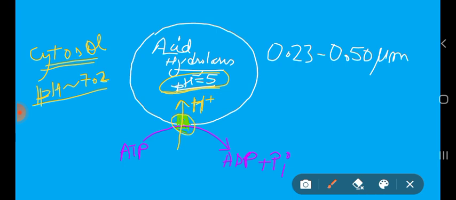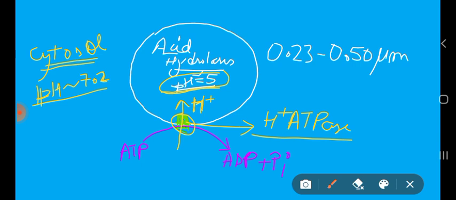The proton pumps are also called H plus ATPase pumps, found within the membrane. So in this way they maintain the pH of the lysosome.